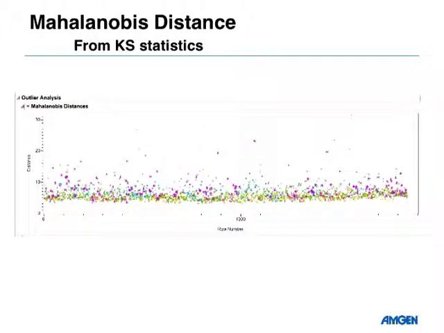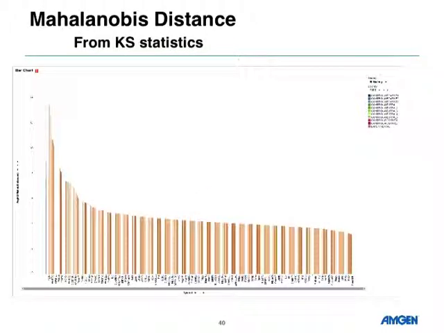But we've also used another measurement, which is called the Mahalanobis distance, which is basically taking all of those distances and asking, how different is what I'm measuring from that control? This is shown in alphabetical order. You could say, I'm looking for something that's very different from my controls, or I'm looking for something that's very similar to my controls.